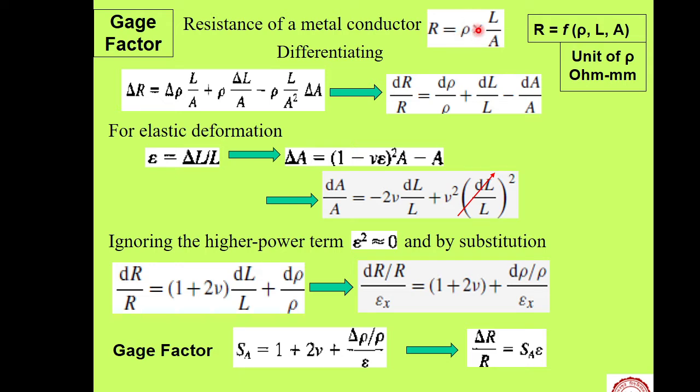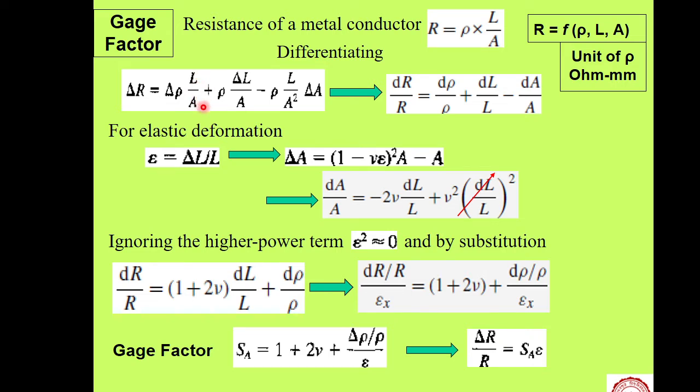What it would be? It would be a differential of this rho, this L, this A, etc. First, let us take the change in this resistivity. This is delta of rho, and this L by A remains constant here.